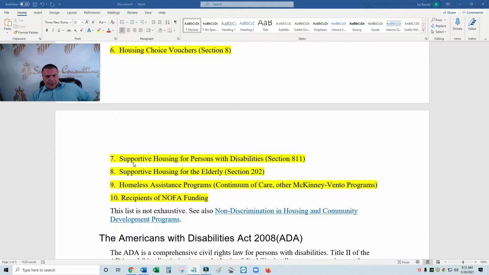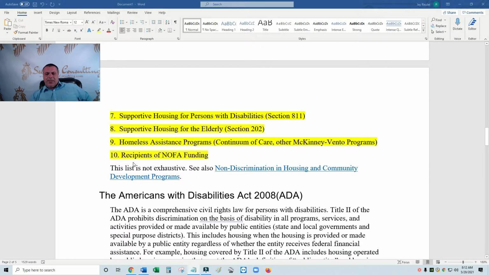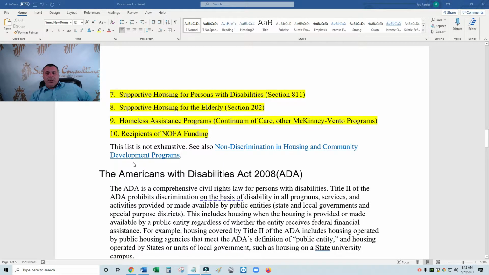So let's get to the fruit of what an actual disability is in consideration to HUD. Now we should also keep in mind that this video is specifically addressing people with a disability attempting to get housing. Okay, HUD is one federal agency. Now, if you're out there trying to get a Social Security disability check, this is not the video for you, okay?